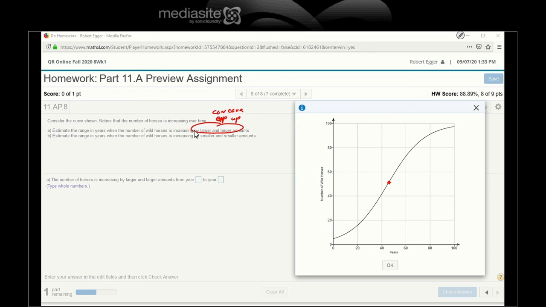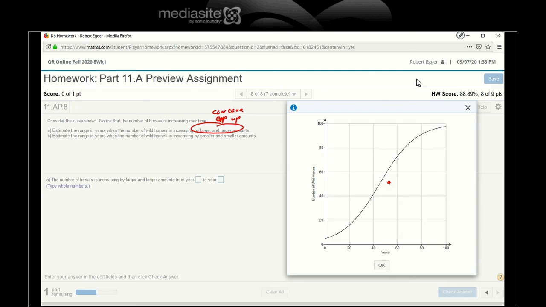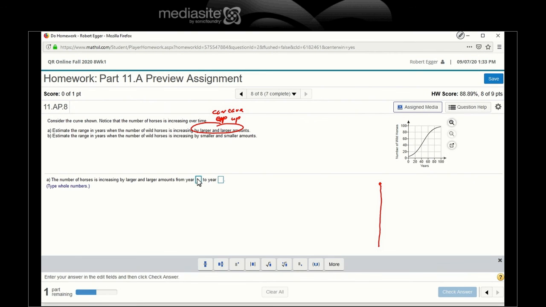It's about 100. Half of 100 is about 50. About 45 years. Zero to about 45.